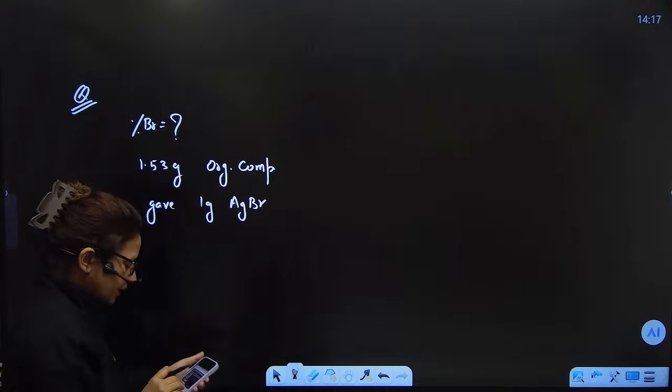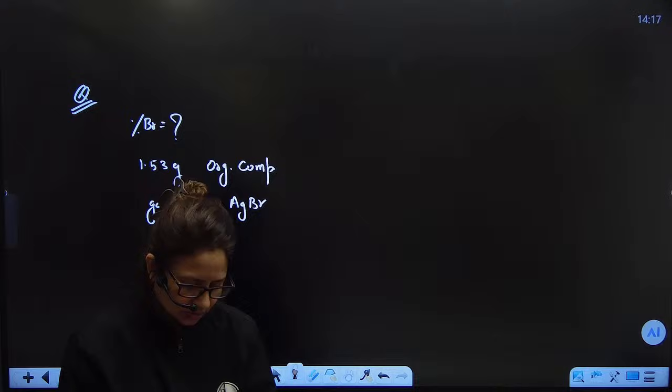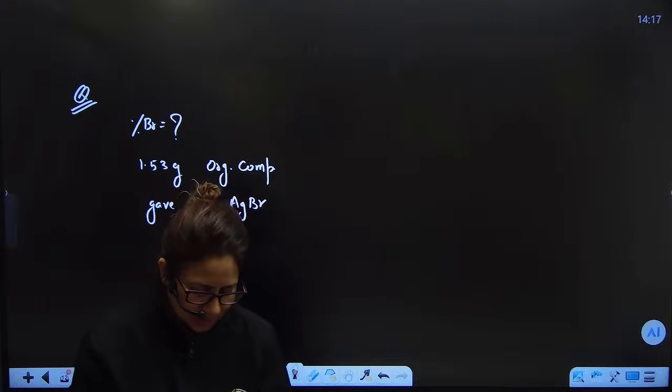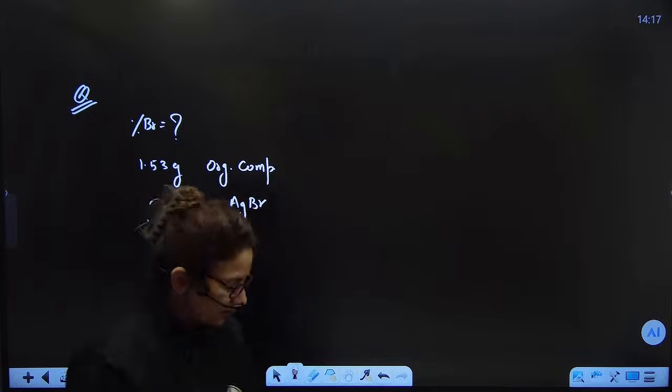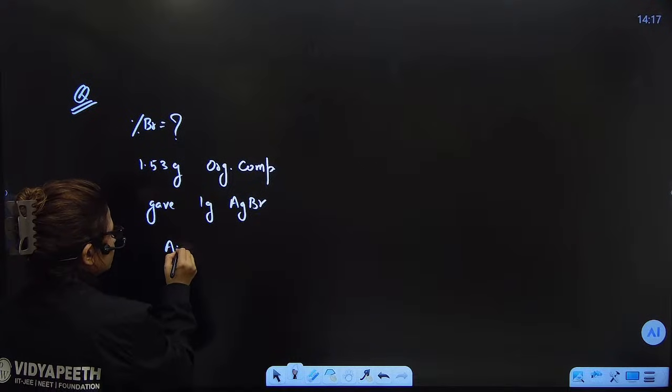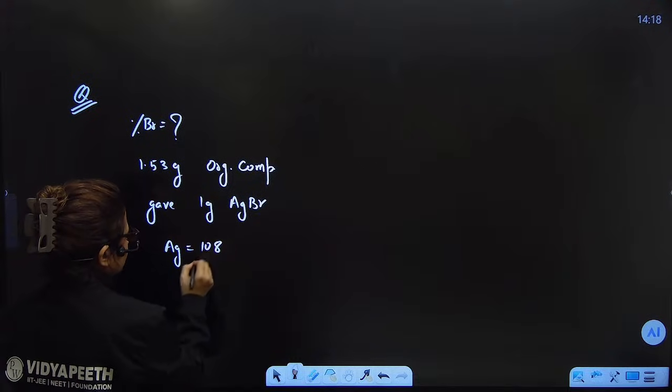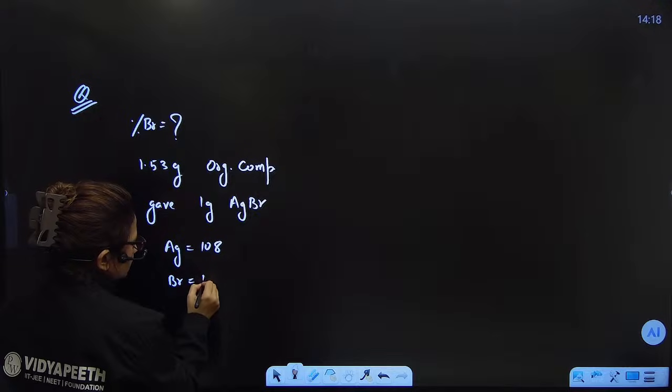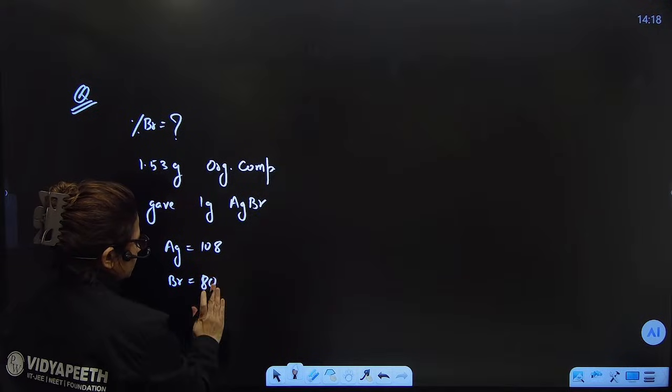So we have to find the percentage of bromine in the organic compound. The atomic masses of silver and bromine are given: silver is 108 and bromine is 80 gram.